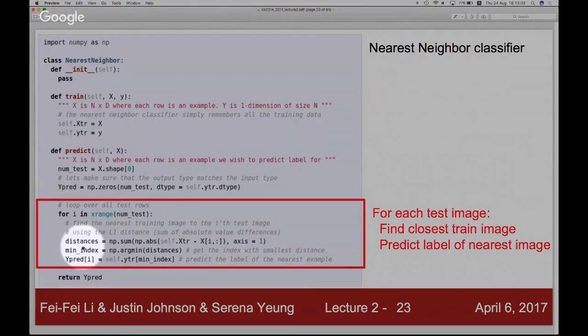I go through all of the images in my data set, subtract and sum the distances for every pixel, and I get a distance between that particular image and the test image. Then out of all of the images in the training set, I pick the one that has the minimum value, and I say that's the prediction.